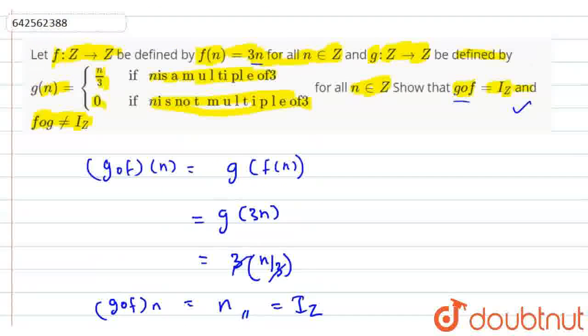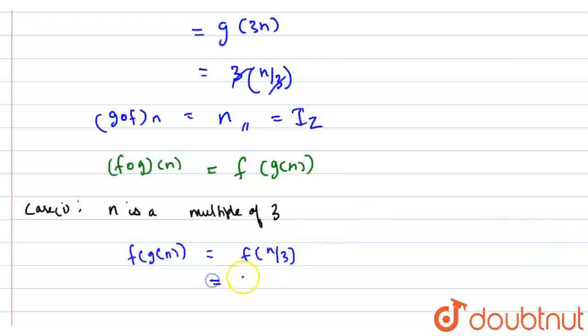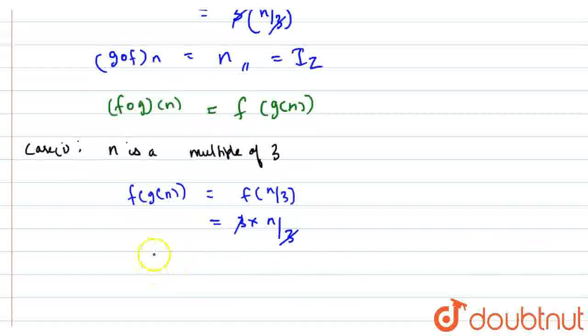For the function f of n we have 3n, so I replace that by 3 into n by 3. Again I cancel the numerator and denominator. Finally I arrive at the composition function f of g of n is equal to n, which is the identity on Z. Now I'm going to prove case 2.